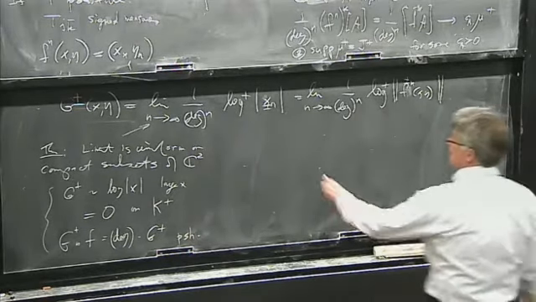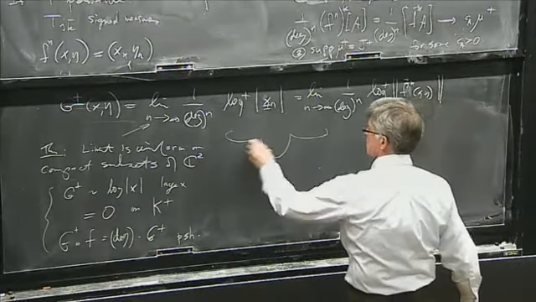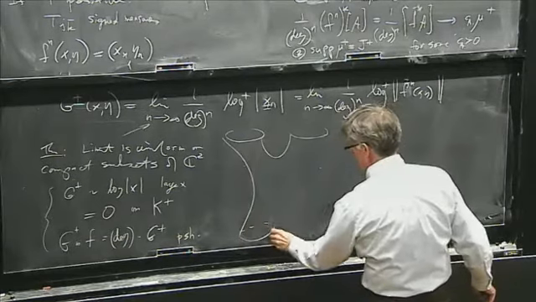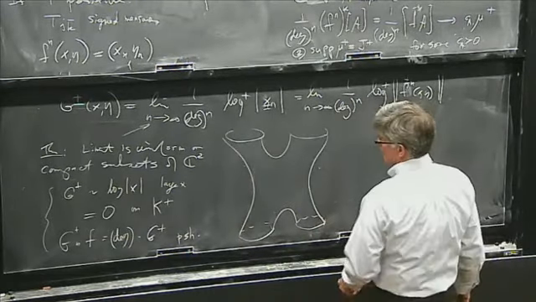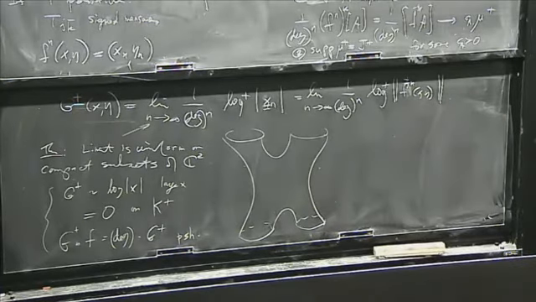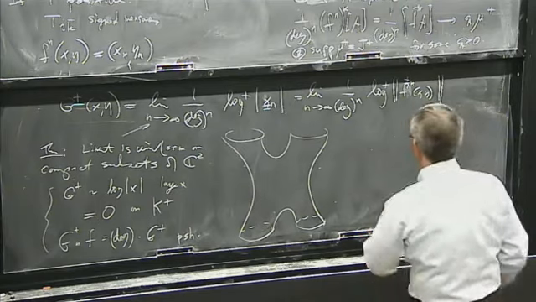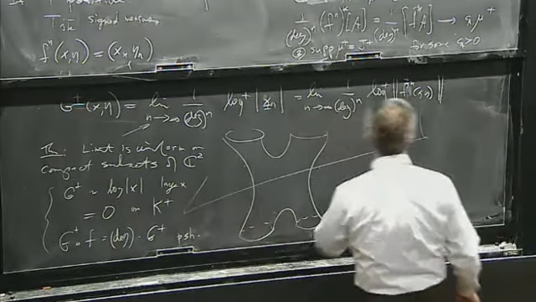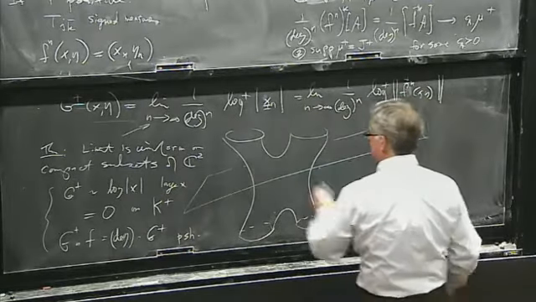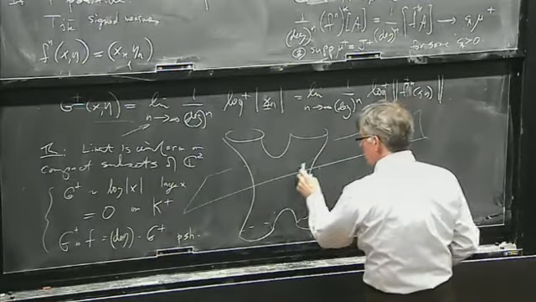So in fact, what happens now? Let me just look at this picture. If I take any plane, or this is a complex line, so I'm going to intersect along some place here.